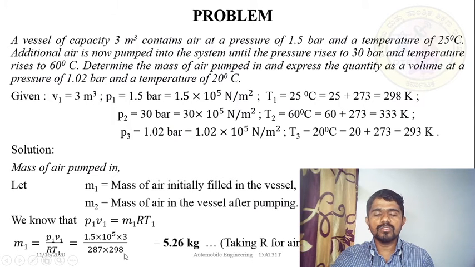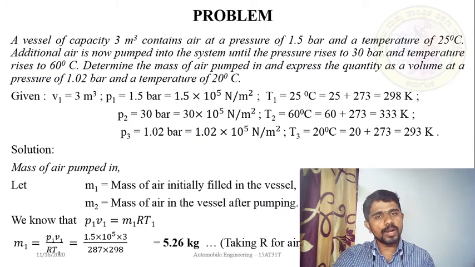So solve this one using your calculator. Please use your calculator. That will give you 5.26. The unit of mass is kg. Please cross check this answer with your calculator. Okay, this is mass 1, the initial mass of the gas, which is already contained in the vessel.